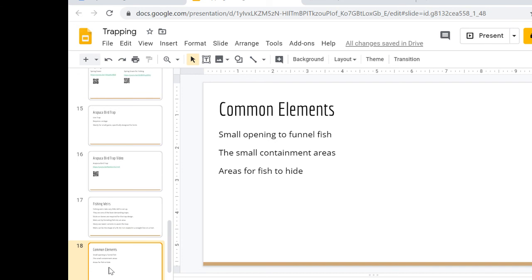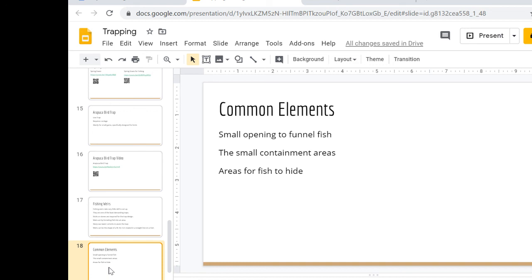Common elements to all weirs. It has a small funnel that funnels fish in. It has a containment area that you've blocked off. So that containment area still needs to allow water to flow through if you're in a river. It's not a big issue if you're in a pond. But rocks work because they'll still let the water current go through.